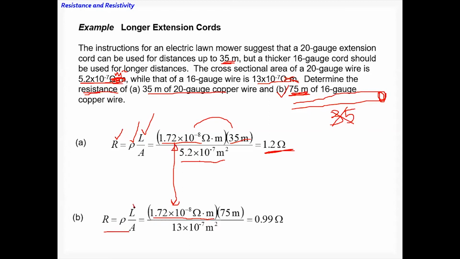The length of the wire is 75, and the area is 13 times 10 to the negative 7 meter squared. If you do this calculation, you get 0.99 ohm, which is almost 1 ohm.